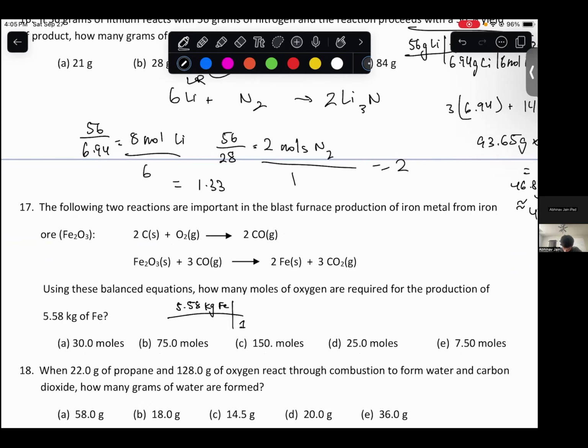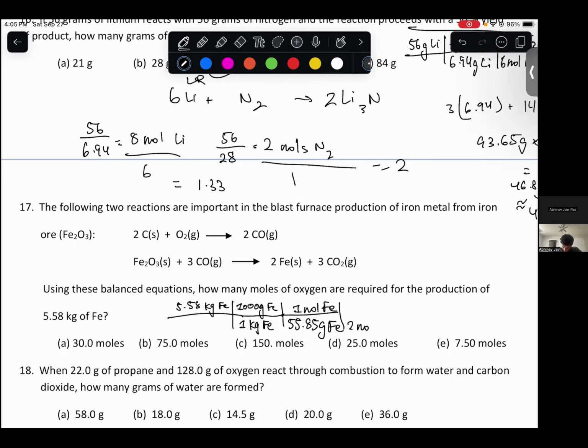We know that for every 1 kilogram of Fe, we have 1,000 grams of Fe. And we know that for every 55.85 grams of Fe, we're obviously going to have 1 mole of Fe. And we know from the balanced equation, now be careful here, for every 2 moles of Fe, we have 3 moles of carbon monoxide.